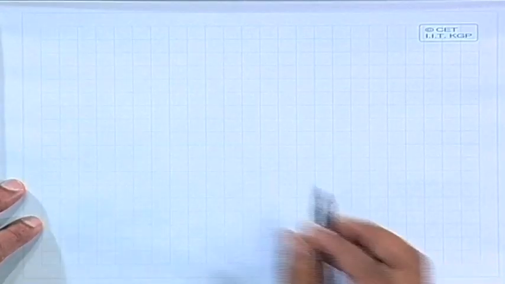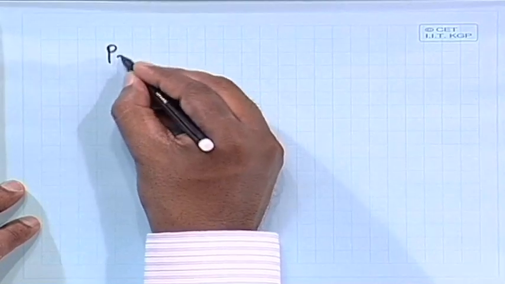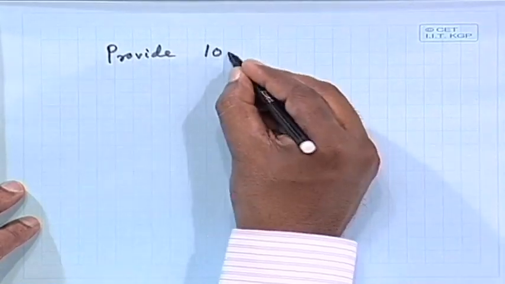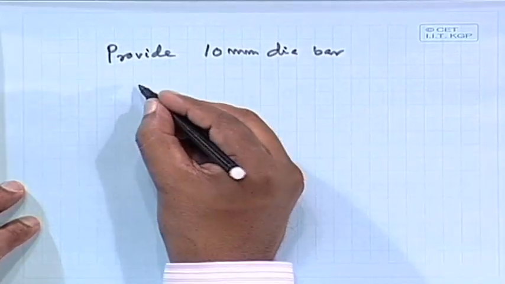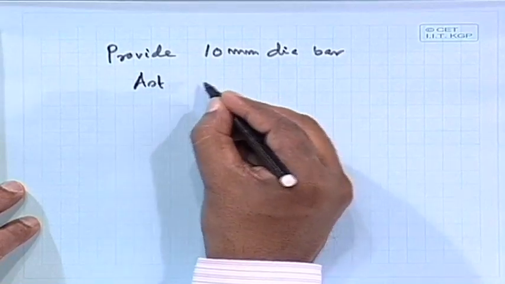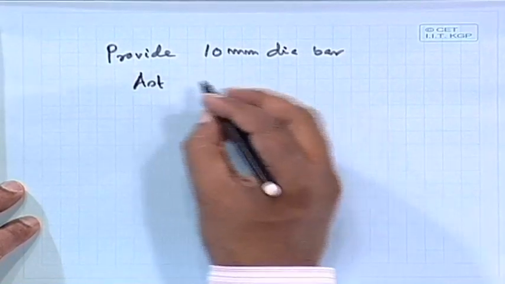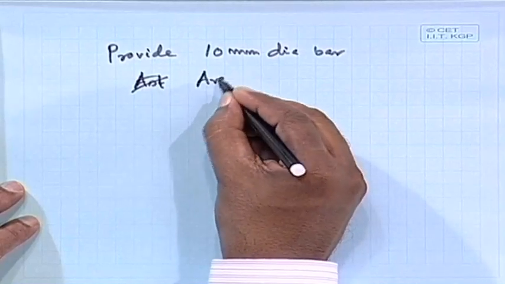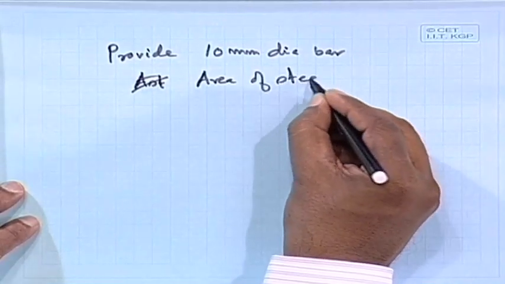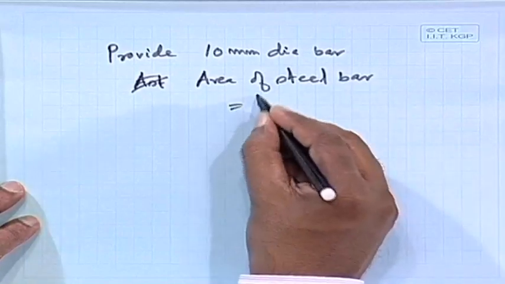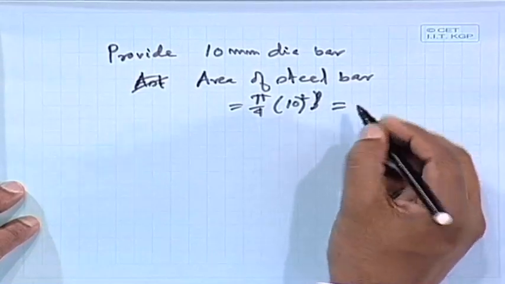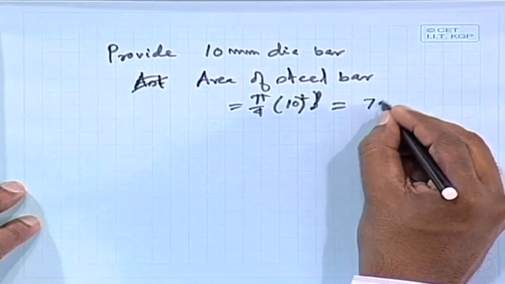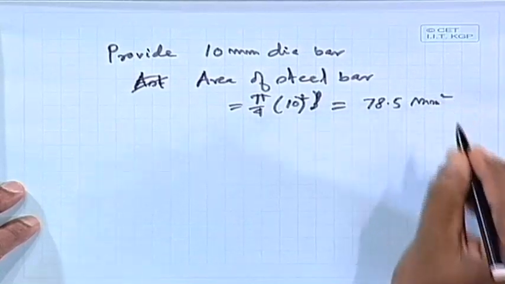Okay. So, how much shall we provide then? Let us provide 10 millimeter dia bar. Area of steel bar equals 78.5 square millimeter.